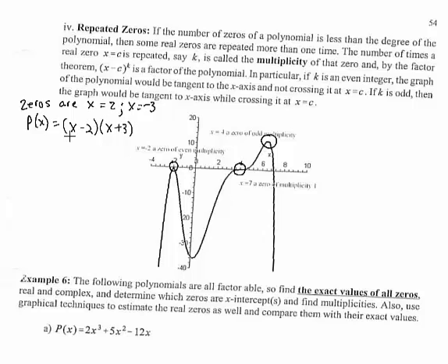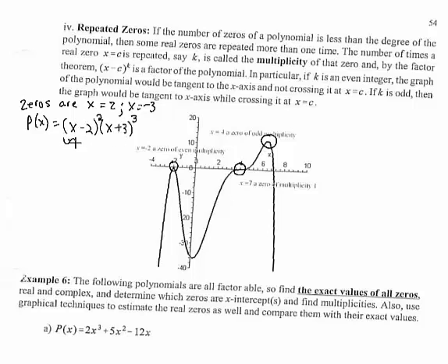So I could, for instance, say x minus 2 has a multiplicity of 2, and maybe x plus 3 has a multiplicity, an odd one, of 3. And keep in mind this p of x is just something that I made up. It's not actually this graph that we see to the right. This is just a different example.